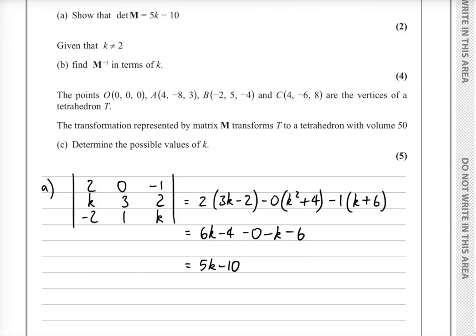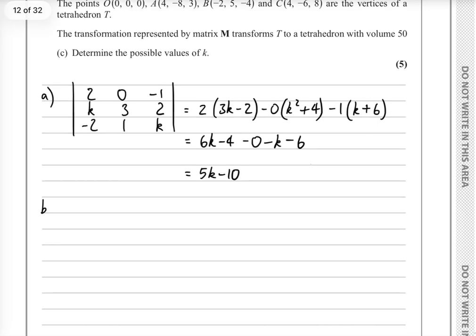And then they say, given that k is not equal to 2, that's because that would make this determinant a 0, and there would be no inverse. So given that that's not true, there is an inverse, find the inverse in terms of k. So for the inverse matrix, we want the matrix of minors, and we've already got 3 of them here. So that's 3k minus 2, k squared plus 4, k plus 6.